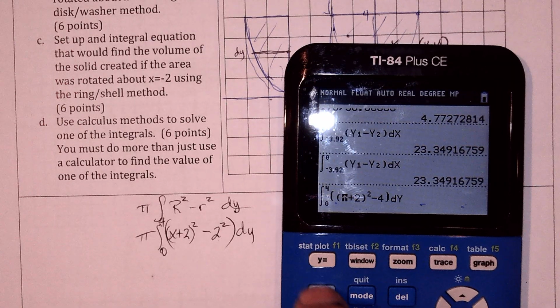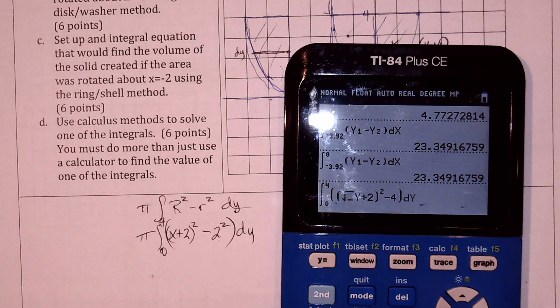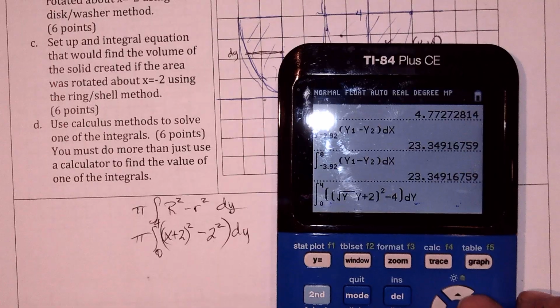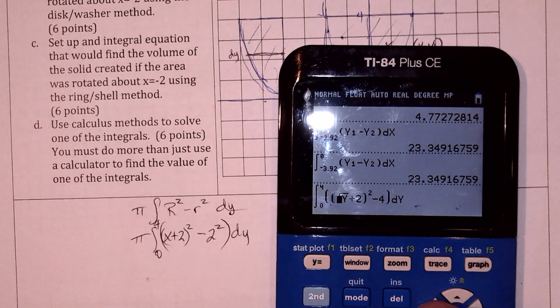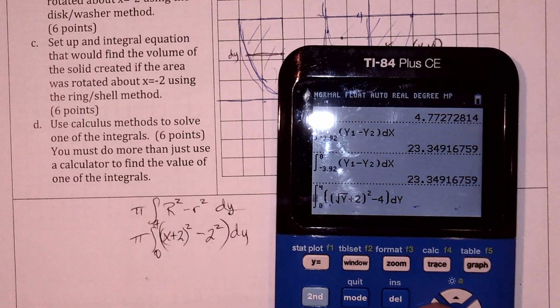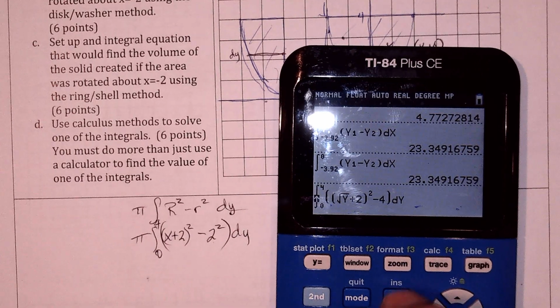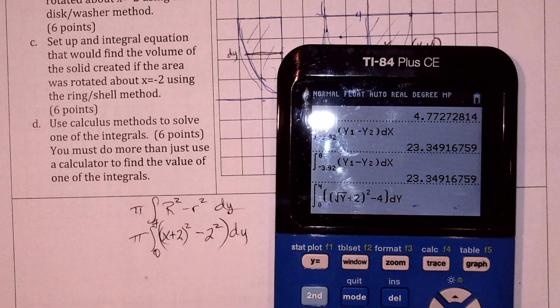So second insert square root. Oh, that's got to be y inside it. It didn't want to do that, so alpha y, and get rid of that y. And all this is times pi.